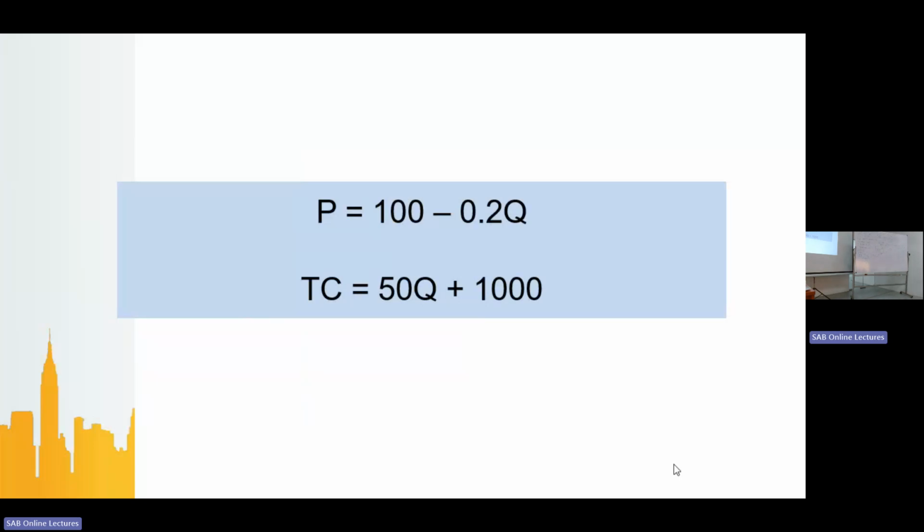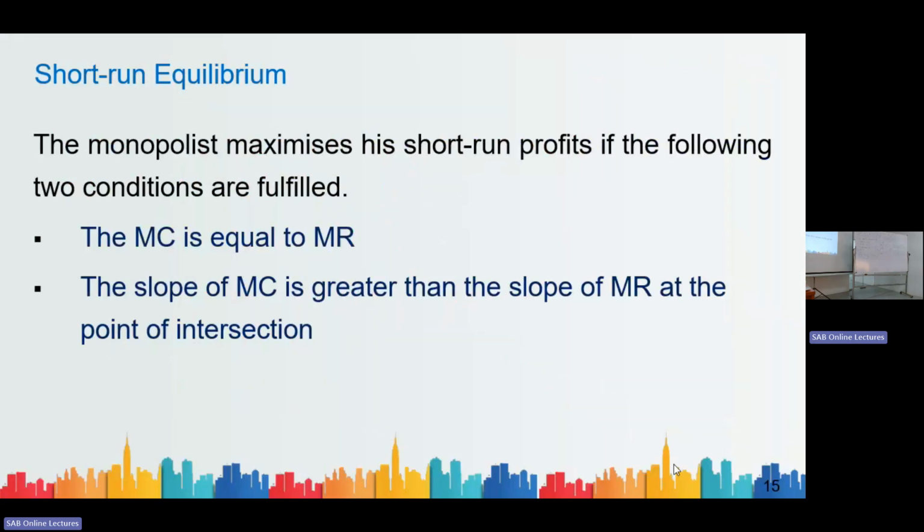You have to differentiate total cost with respect to Q. And the fourth step is to apply the first condition for profit maximization. What is the first condition for profit maximization? MR equals MC. You know MR now, you know MC now, then just equate them.